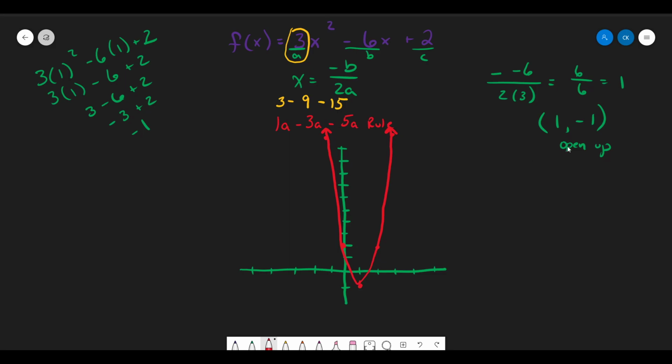All right, just remember, and I know we've only done an opening up one, but if it opens down, instead of going over and up, you would go over and down. Okay, it would just be, you'd go over 1, down 3, over 1, down 9, over 1, down 15. Okay, so that's how we use the 1A, 3A, 5A rule.